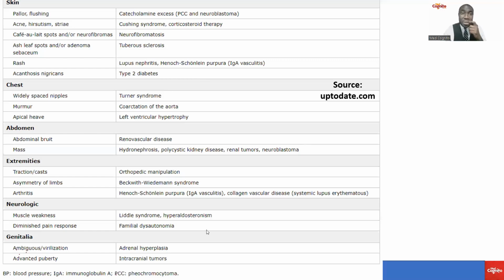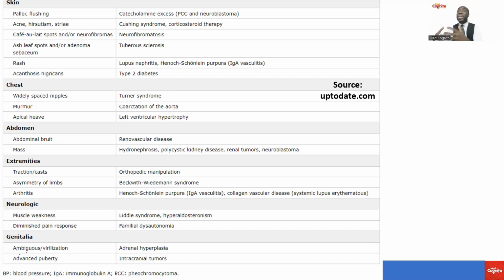If you have a child who has hypertension and looks pale with flushing, you're thinking about catecholamine excess, neuroblastoma. If you have a child who has acne, hirsutism, striae, you're thinking about Cushing's syndrome or steroid therapy. If you have a child with cafe au lait spots or neurofibromas plus hypertension, you're thinking about neurofibromatosis.